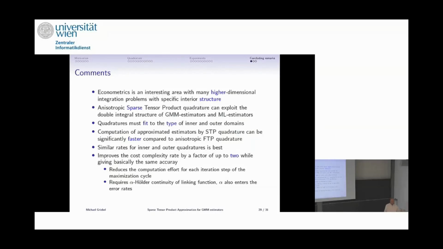This has to fit, but this is clear. The computation by sparse tensor product quadratures can be significantly faster compared to anisotropic full products, up to a factor of 2, which is good news. And the best is if the inner and outer quadrature rates have the same or similar rates, then you gain most.